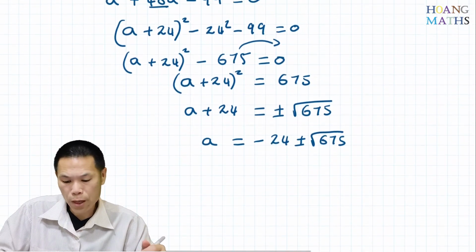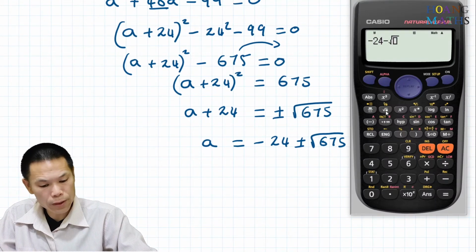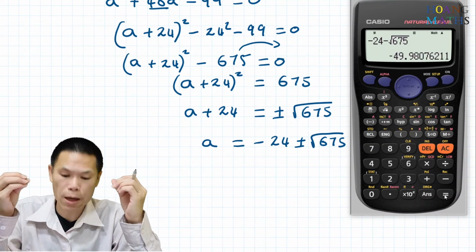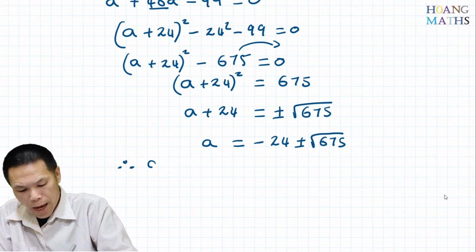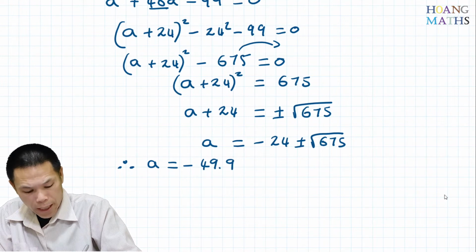So therefore, I just put that on a calculator. So I just go negative 24 minus the square root of 675. So there you go, negative 49.98. So therefore, a is equal to negative 49.98.